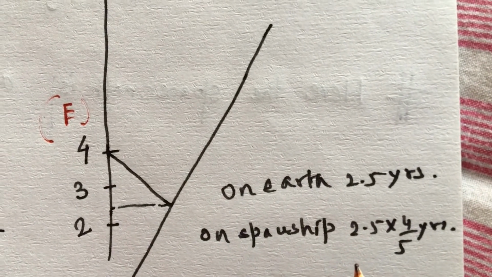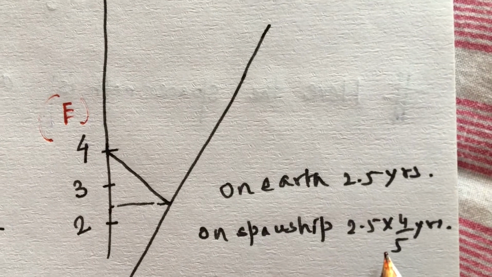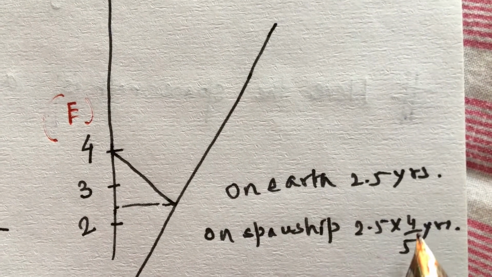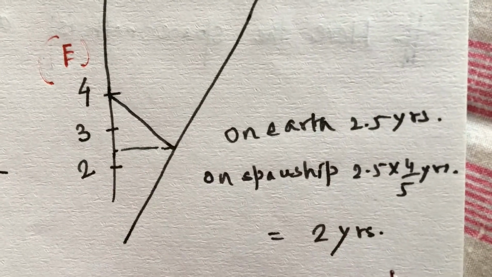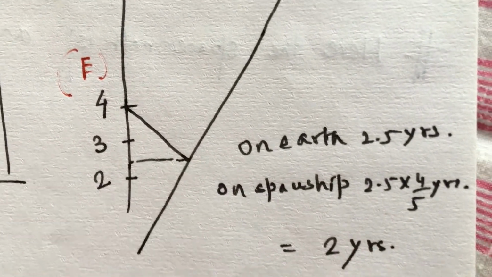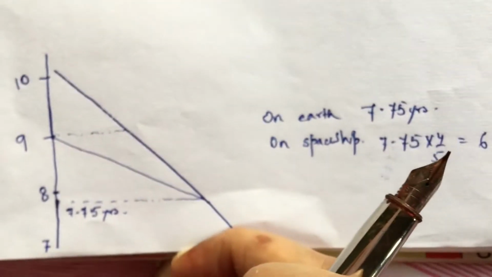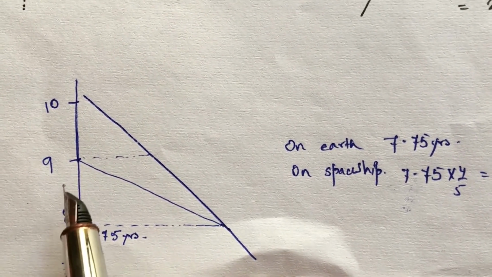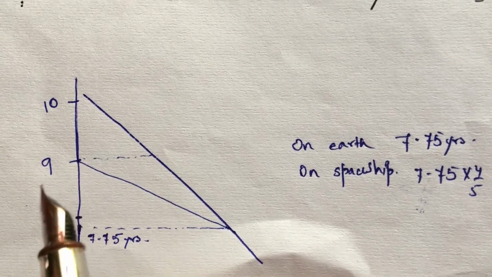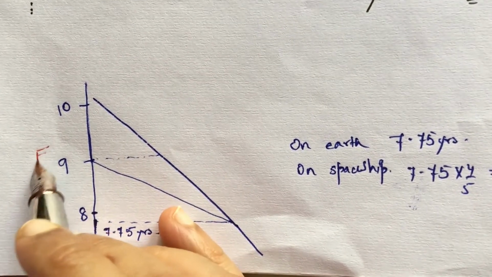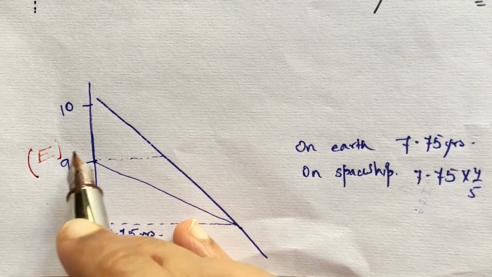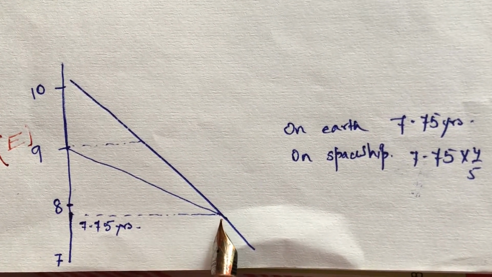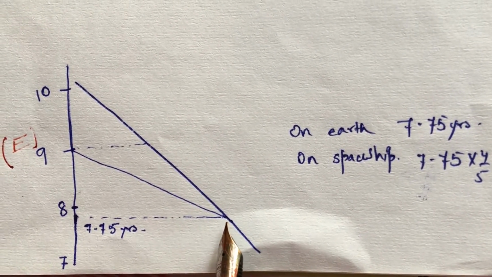So on the spaceship, the age of the twin is 2.5 times 4 by 5, which is equal to 2 years. Similarly, when it is 9 years, the twin on Earth sends a signal that I am now 9 years old. This signal reaches the twin in the spaceship.